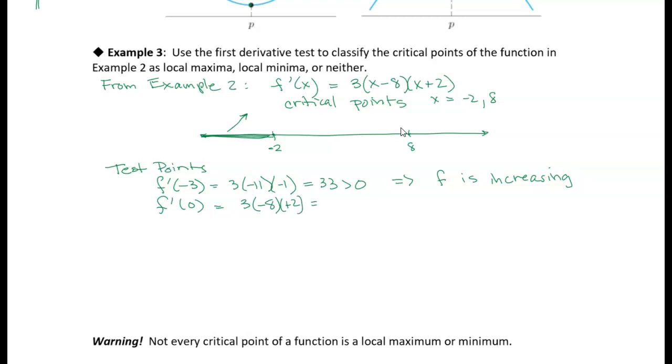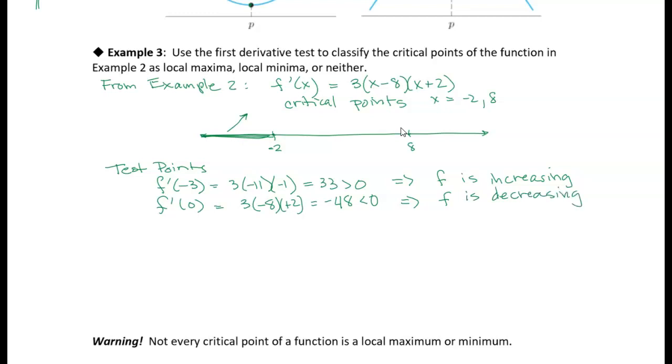So when I multiply that out, I get a negative 48. Now that's obviously less than 0. So what's that telling us? That's telling us that the slope in between negative 2 and 8 is negative, so the function is decreasing. So f is decreasing.